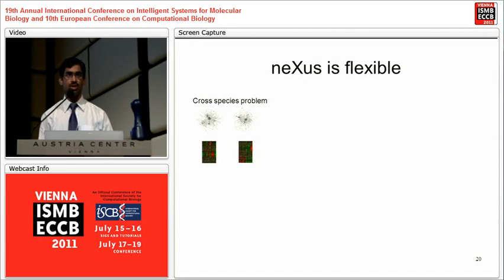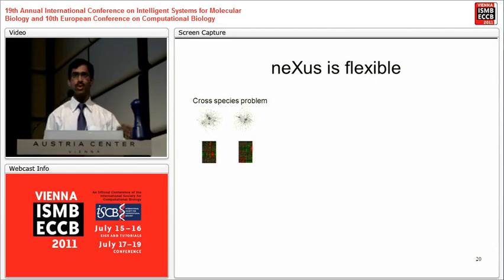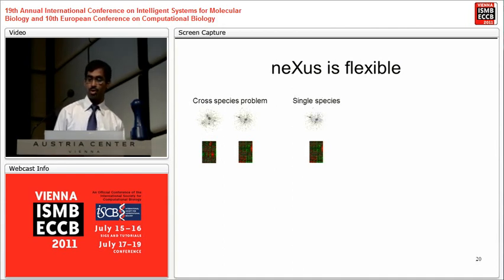We can use other networks and other data, like we can use copy number variation or GWAS scores. We can do it for other kinds of genomic data. Also, we modified our approach for the single species case so as to compare with other algorithms. So if you have data in only one species and have one network, we can do it.